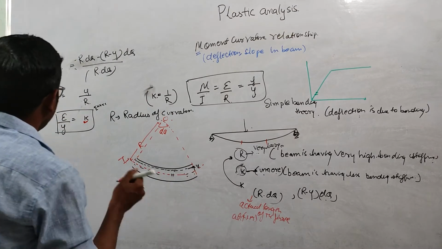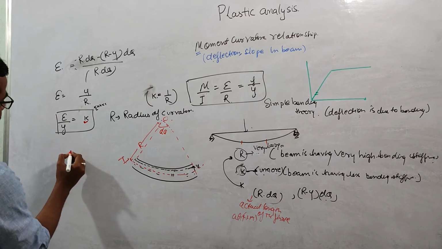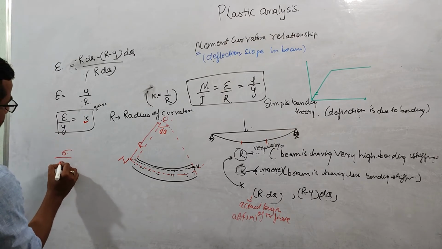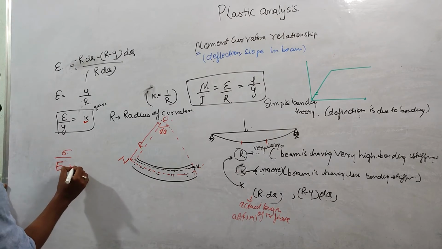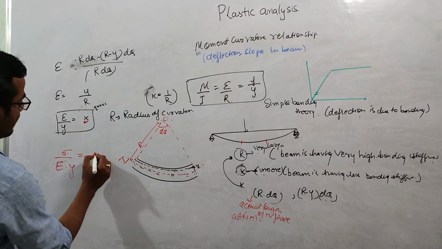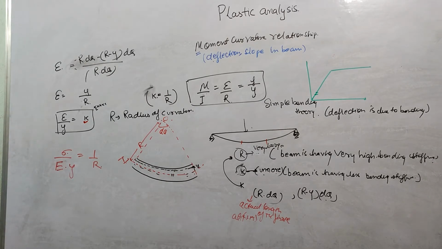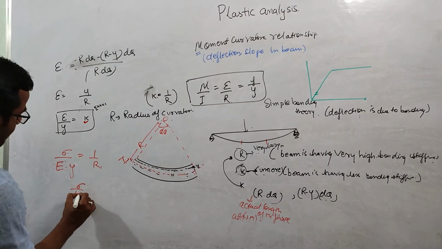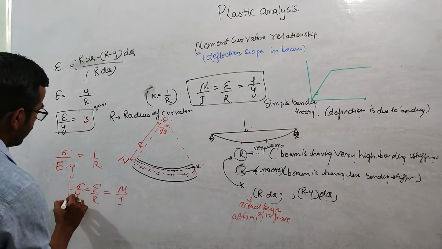Now if this is in the elastic state, I can write this is sigma over E, sigma over capital E, into y equals to k. k is nothing but this 1 over R, right? So we can derive one relation, sigma over y equals to E over R, and this M over I.